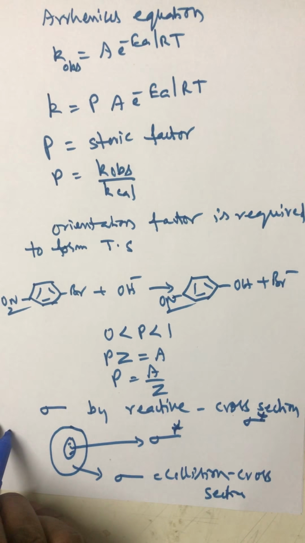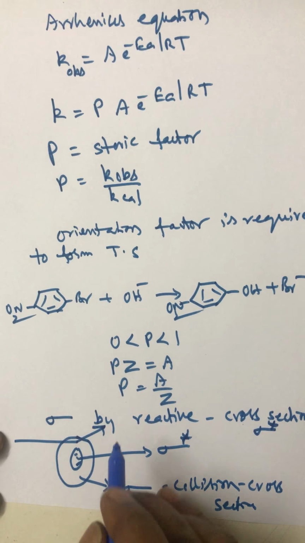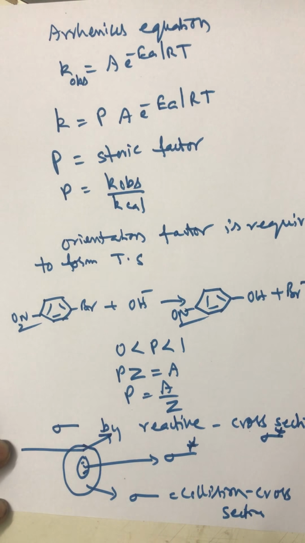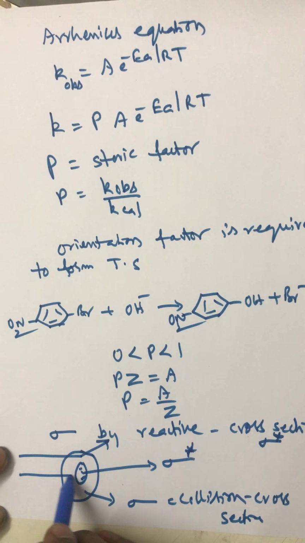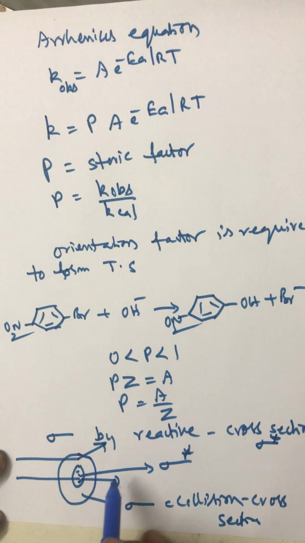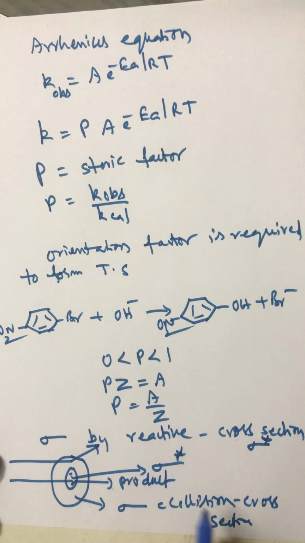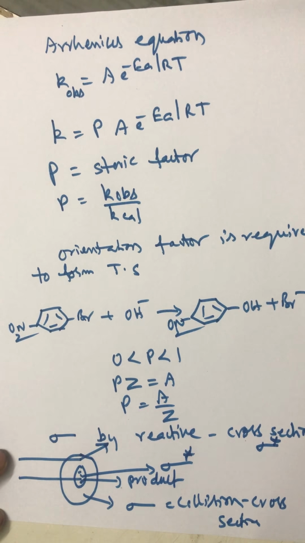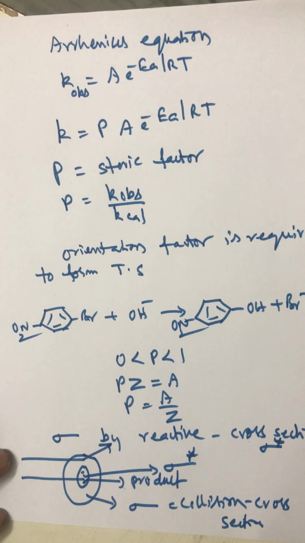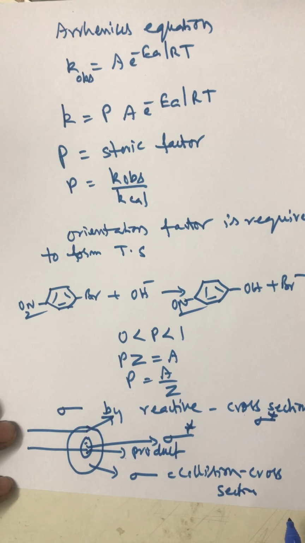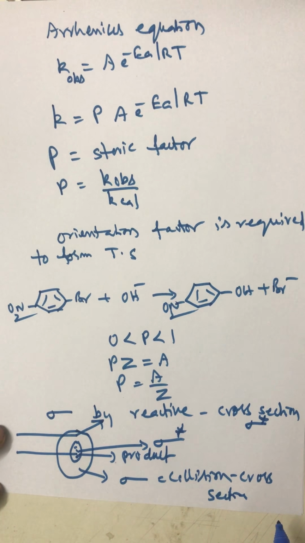If the reactant molecules move in this direction, deflection takes place. The deflected molecules will not lead to form the products. If they come in this direction, that results in the products. The sigma star can be regarded as the target area for the reaction, whereas sigma itself is the target area of a non-reactive collision.